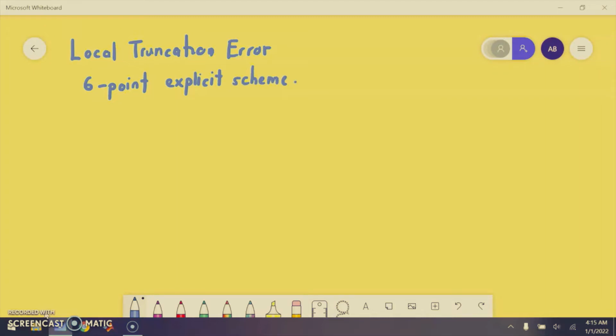Okay, so we want to solve this heat equation, Ut equals Uxx, using the 6-point explicit scheme.